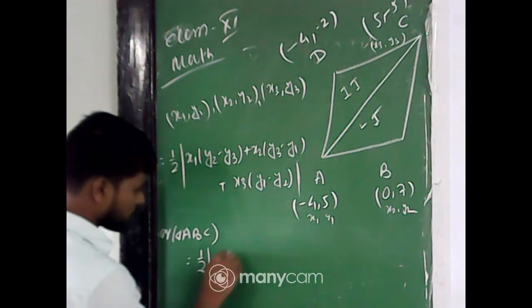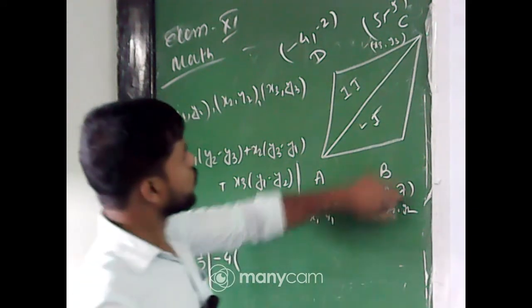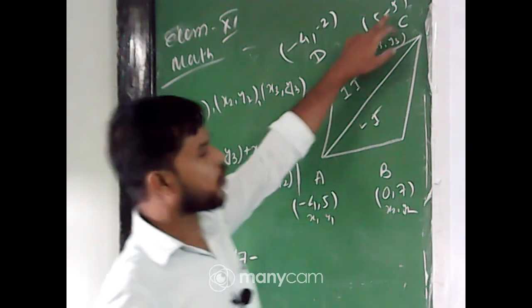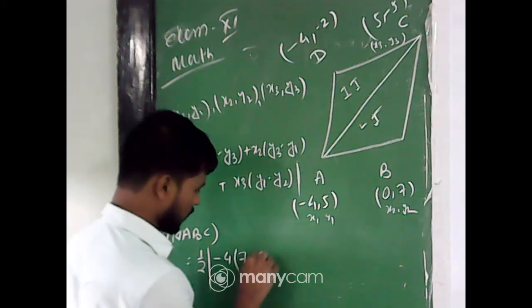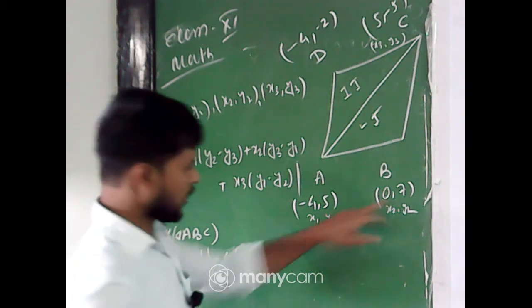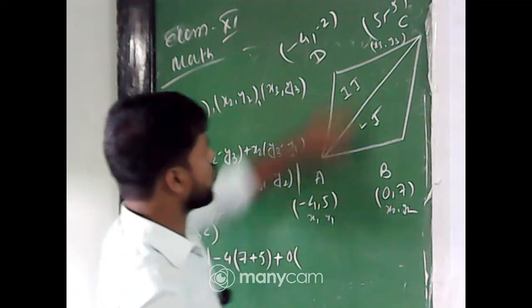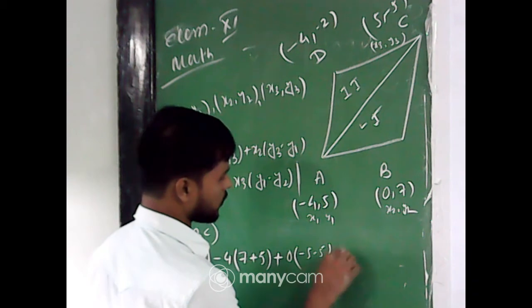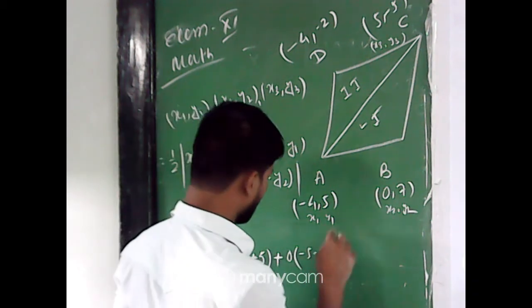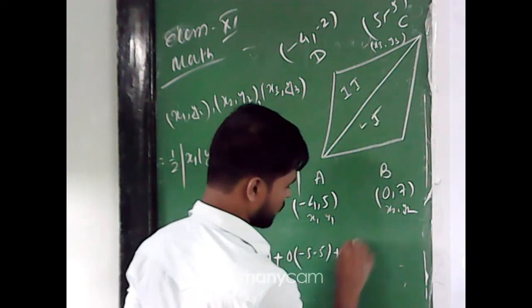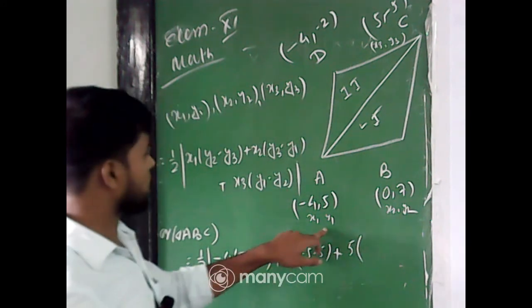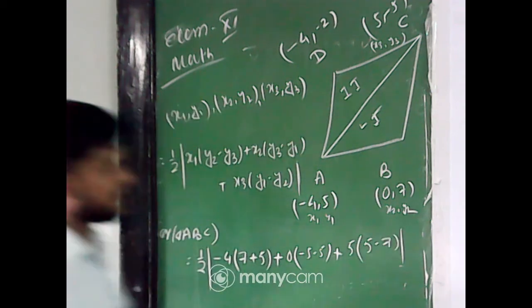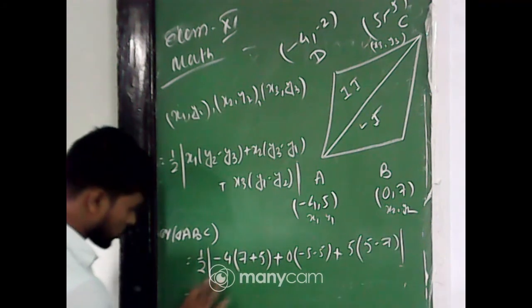So x1 into (y2 minus y3), so y2 is 7 minus of minus 5, so 7 plus 5, plus x2 which is 0 into (y3 minus y2), so minus 5 minus 5, plus x3 which is 5 into (y1 minus y2), so 5 minus 7. Okay, so let's do the calculation now.